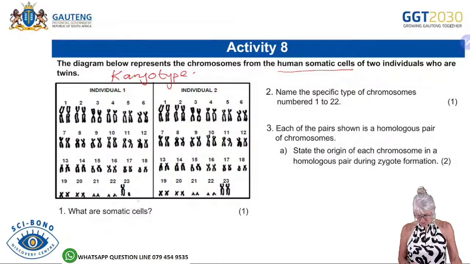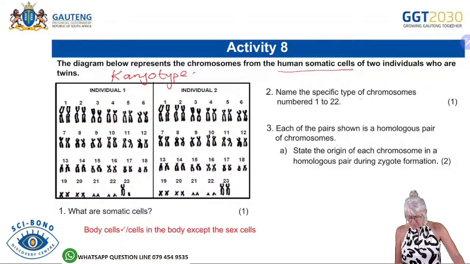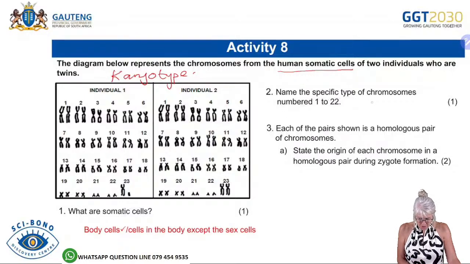Then the first question they ask us is, what are somatic cells? And we said somatic cells are our body cells. So they are body cells, or they're all the cells in the body except the sex cells or the gametes. Then the second question, they say, name the specific type of chromosomes numbered 1 to 22. So that's the last pair, okay?